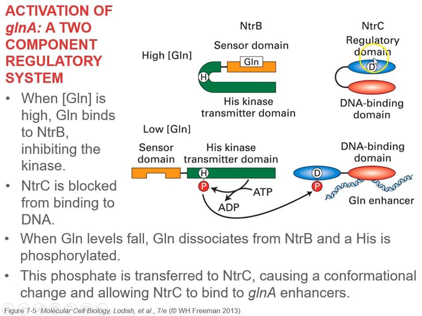And now imagine this kind of swinging out right here. Now the DNA binding domain is exposed, and it can bind to its enhancer sequence, and then it can interact with RNA polymerase with its sigma 54 and encourage RNA polymerase to transcribe the glnA gene, which will code for glutamine synthetase.